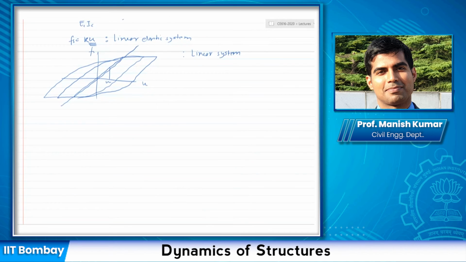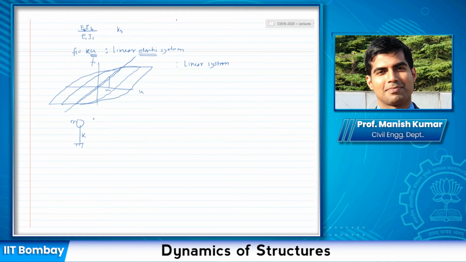The second component. Before that, I have this mass here, and the stiffness here, and this is a linear system, and I said that this is elastic. What will happen if I apply an initial force and let it vibrate? Or what will happen if you take a spring, pull it and let it vibrate?